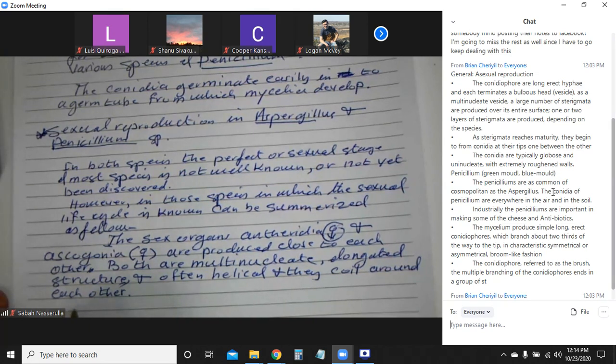Then the other point I'm going to mention to you, of course, is that the nuclei move from the antheridia to the ascogonia. To mention this point here.